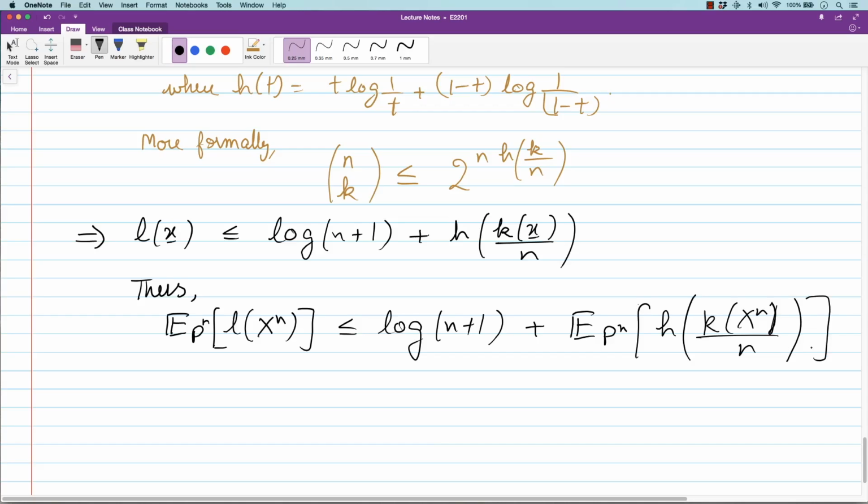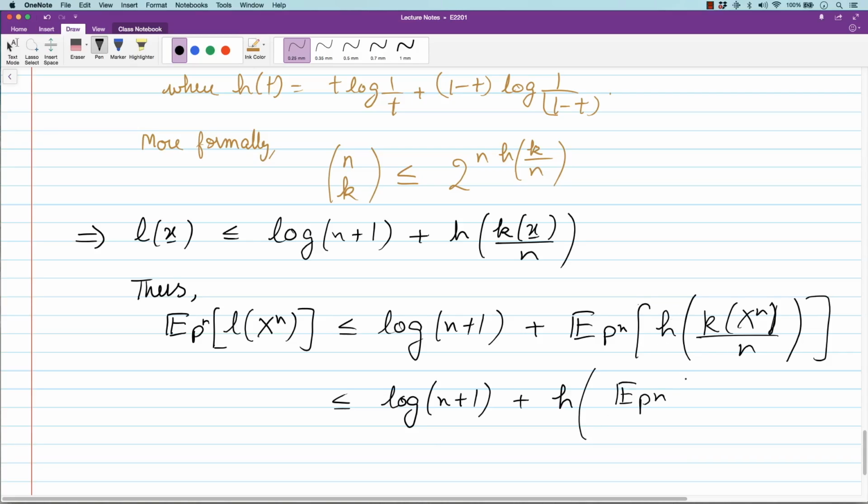Now, how do we proceed from here? We do something very nice and simple. We can take this expectation inside because this is the entropy function and therefore it is concave. So this is the expected value under p^n.